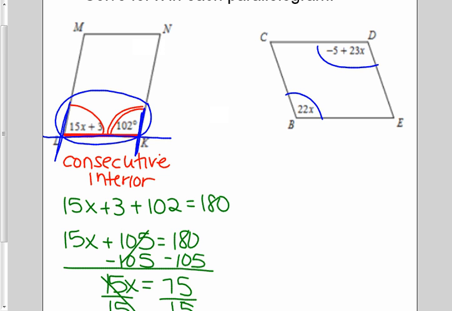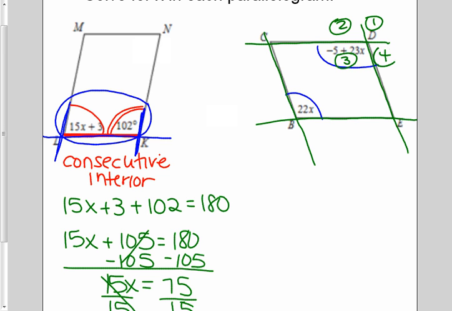And the reason why I know that is because if I were to extend these lines and extend these, I can see that if this is place number 1, place number 2, place number 3, place number 4, and I were to shift that down over here, this would be place number 1, place number 2, place number 3, place number 4. Right? So technically this negative 5 plus 23x is the same as this piece here. Negative 5 plus 23x.